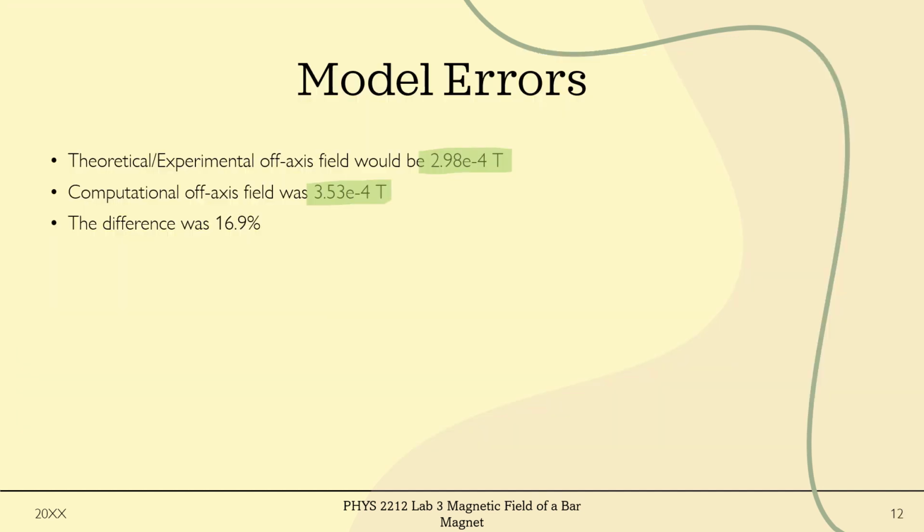In our observational or experimental off-axis field, it would have been 2.98 e negative 4 teslas, whereas our computational off-axis field was 3.53 e negative 4 teslas, and that made the difference 16.9%. And keep in mind that our computational model had fewer errors than our experimental one.